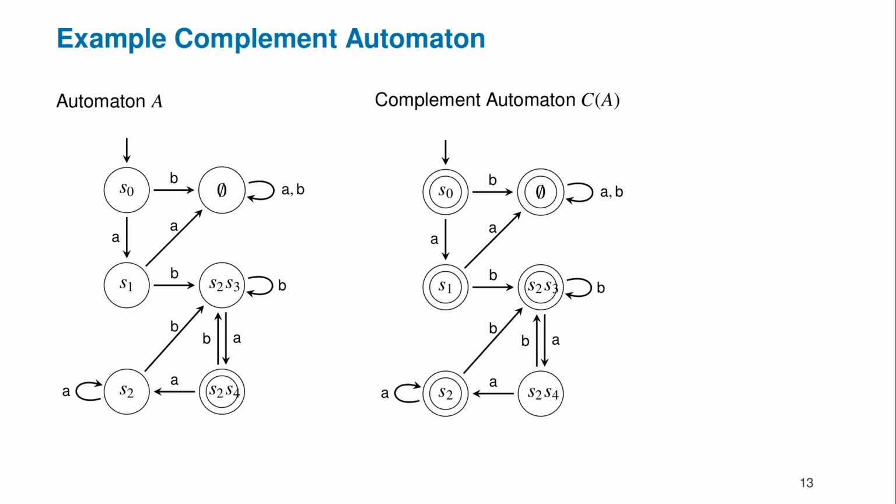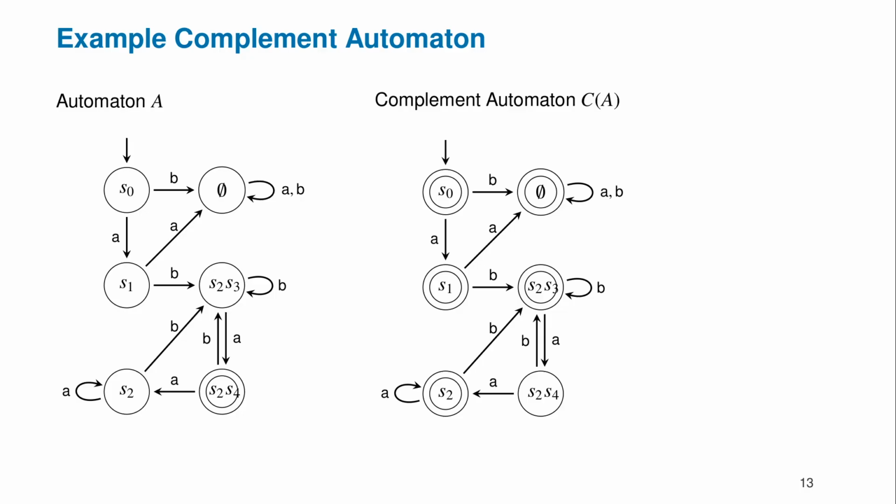In particular, also this state with the empty set, which was some kind of an error state, becomes a final state, because obviously these words which are not accepted by the original automaton are now accepted by the complement automaton and are obviously in the complement language. So we said that in this automaton we have the words that start with AB and end with BA.